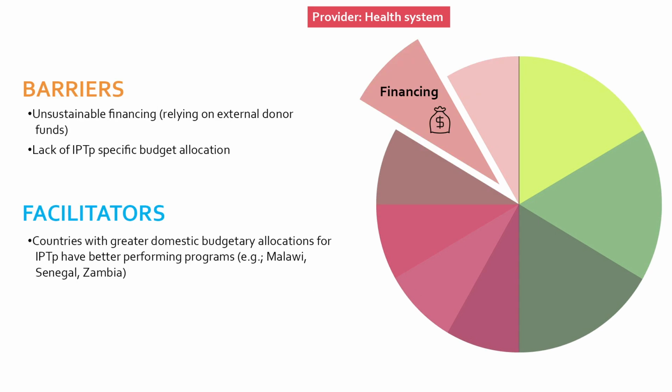In terms of financing, we've seen unstable funding and relying too much on external donors as barriers, and also not having a specific budget for IPTP within the malaria budgets of the countries. On the other hand, countries which have a good domestic budgetary focus for IPTP have performed very well.